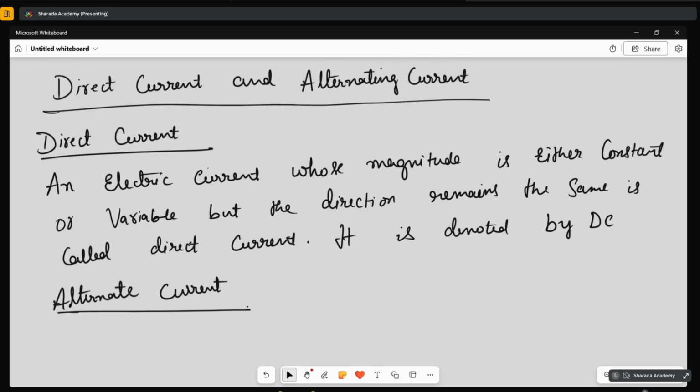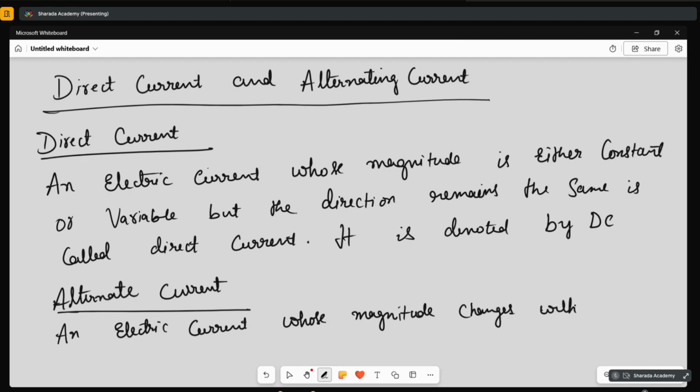Write down. An electric current whose magnitude changes with time and direction reverses periodically is called alternating current.